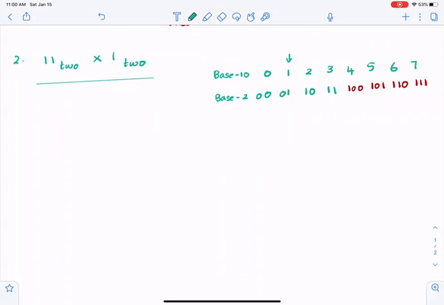So 1 times 1 is 1, well within our range. 1 times 1 next is also 1. We get 1, well within our range. So the answer is, excuse me, 11 base 2. I wrote the table out so you can see how we can cycle through digits.